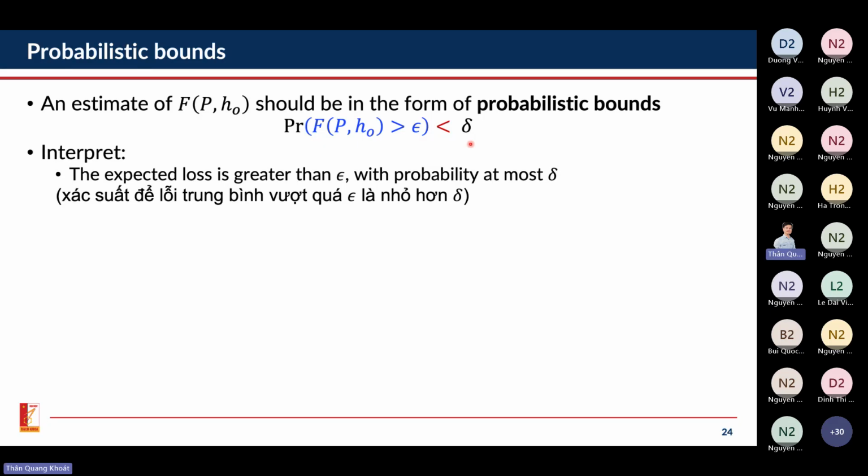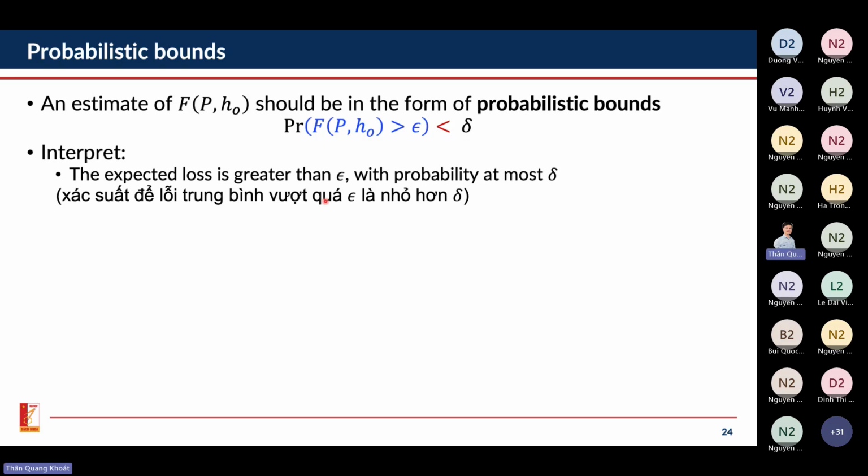Or in other words, we want to state that the population error is large with a very small probability. And in that case, our model can be very good, right, with a high probability. By this way, we can account for some uncertainty in the training data, for example.